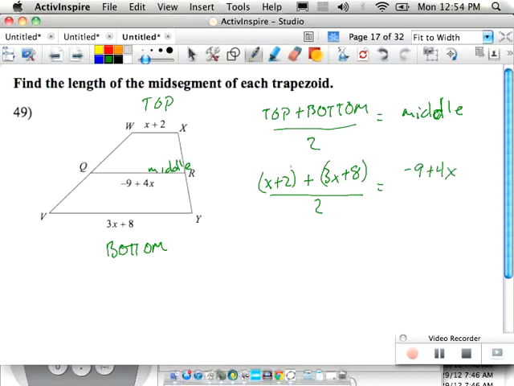I'm going to simplify a little bit of the top after I get rid of this 2, so let's get rid of this 2 first. I'm going to multiply both sides by 2 to simplify that 2 over 2. Then I'm going to have x plus 2 plus 3x plus 8 equals, I've got to distribute this 2 over here. It's going to give me negative 18 plus 4x.